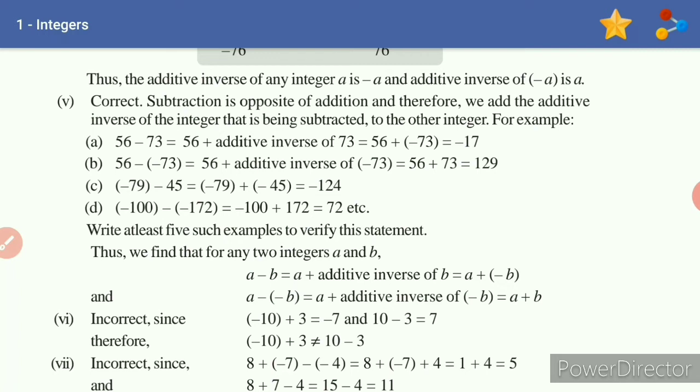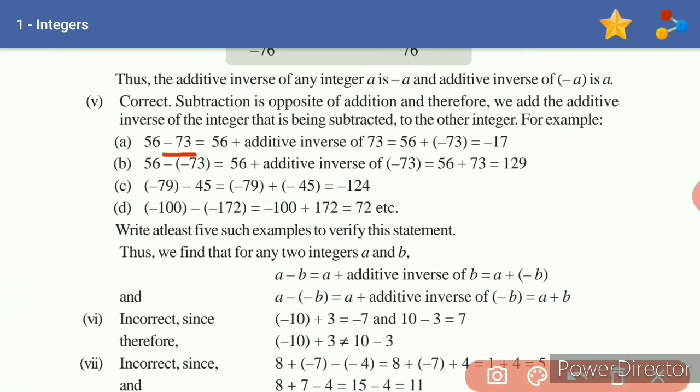See, in subtraction 56 minus 73, we add the additive inverse of the integer that is being subtracted. So we add the additive inverse of 73.